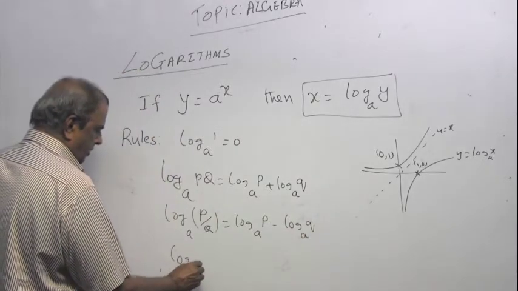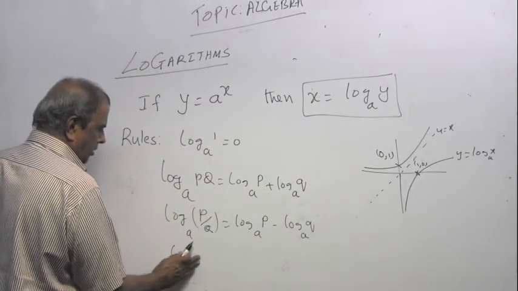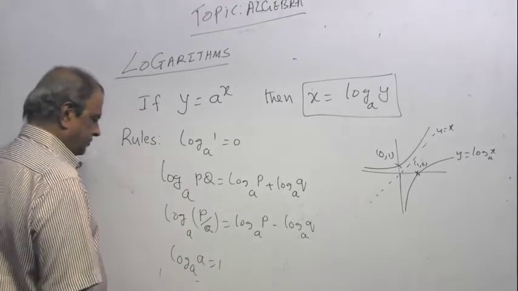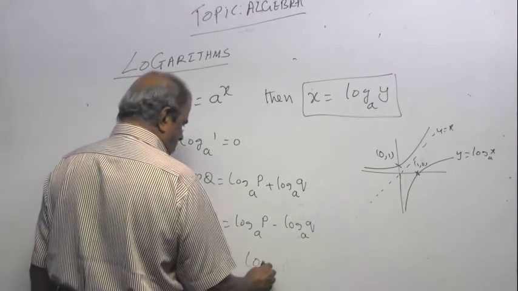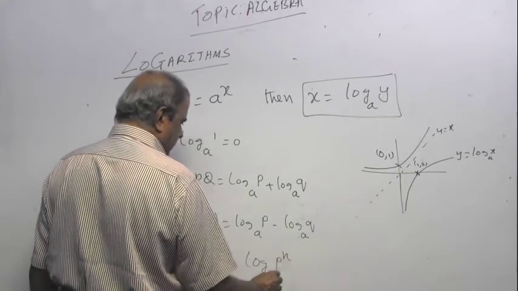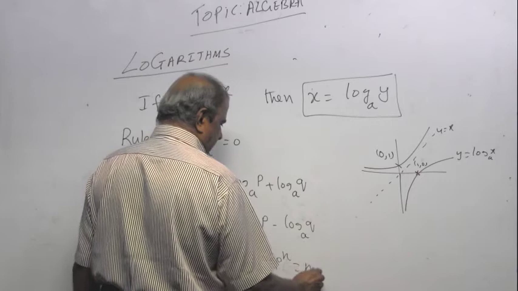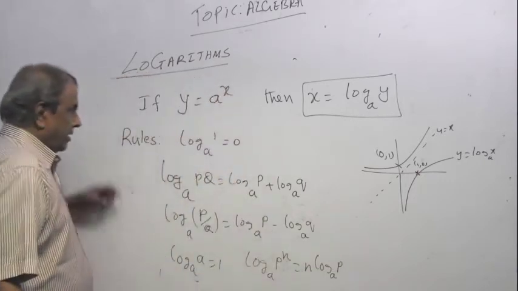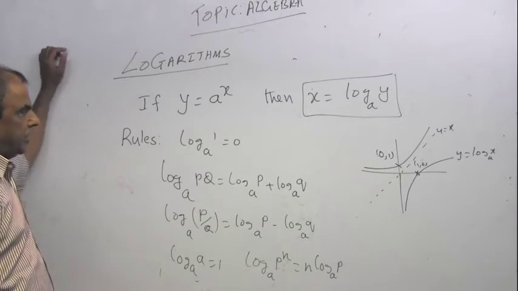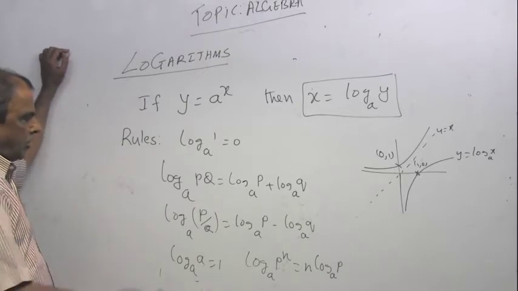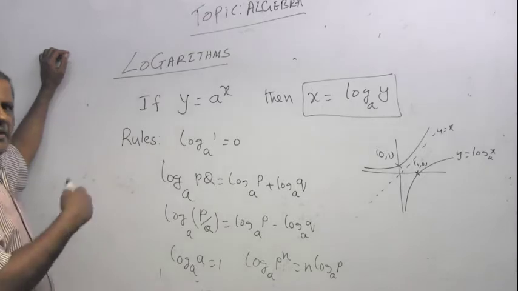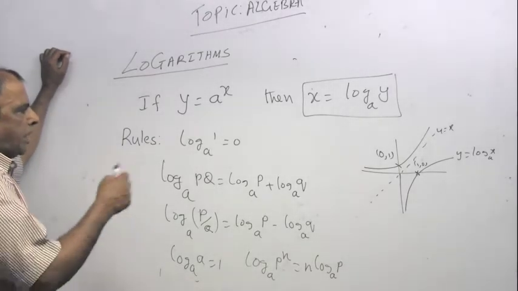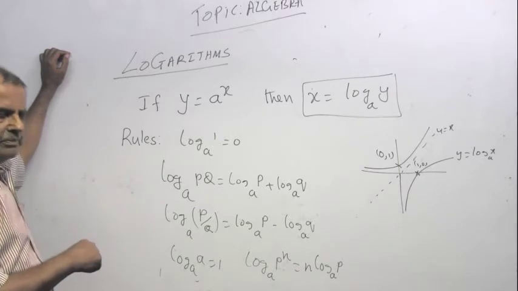And log of a to base a is 1. And log of P to the power n to base a is n log P to base a. I'll show you the proofs, and after one or two proofs, I will show you how to apply them and how life becomes easier.